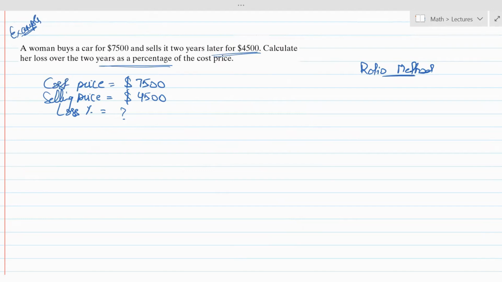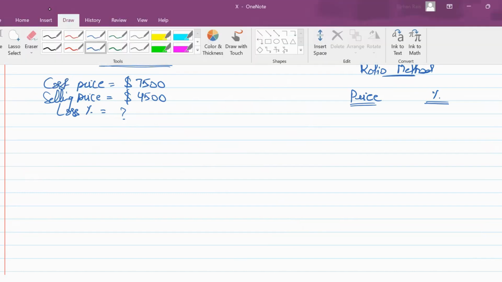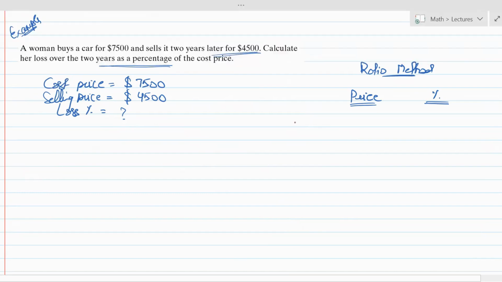Here, the two quantities are the price and the percentage. And for price and percentage, always remember the first set of values is always the original. And by original here, it means the cost price.